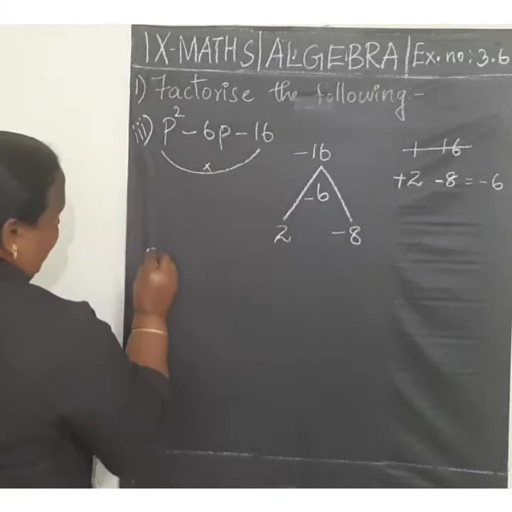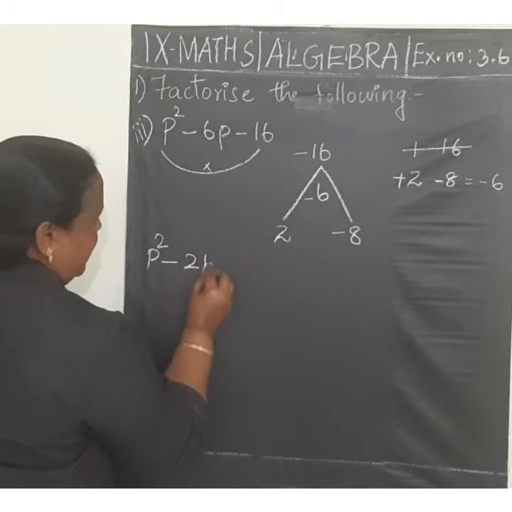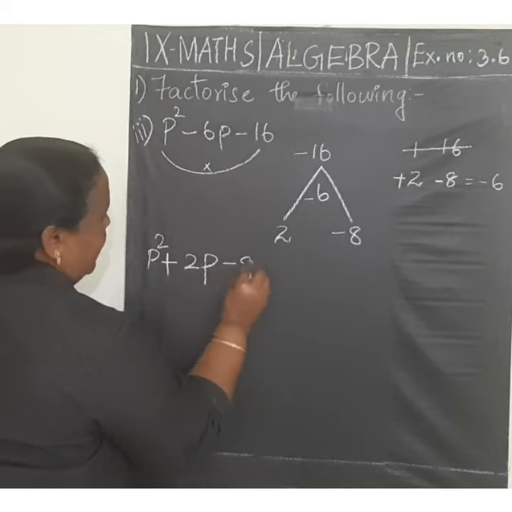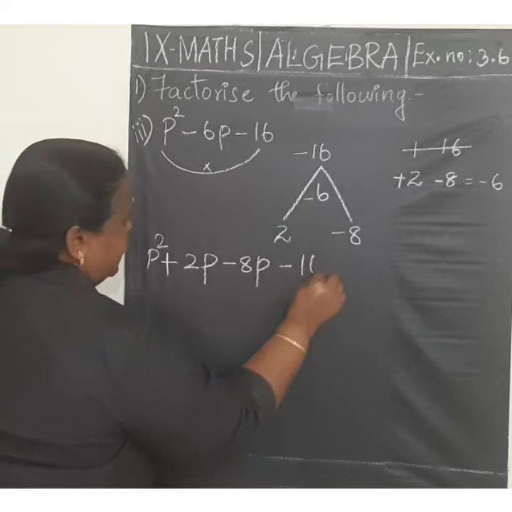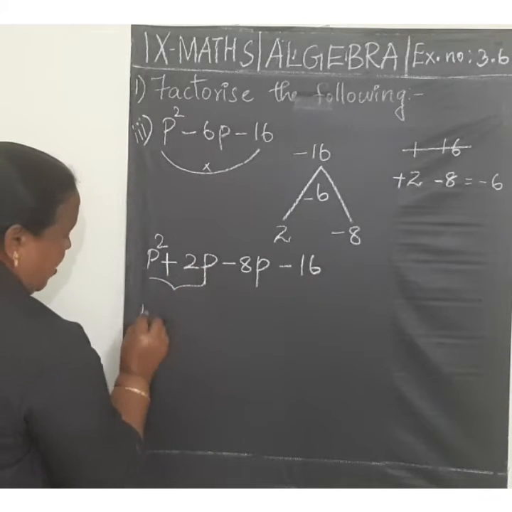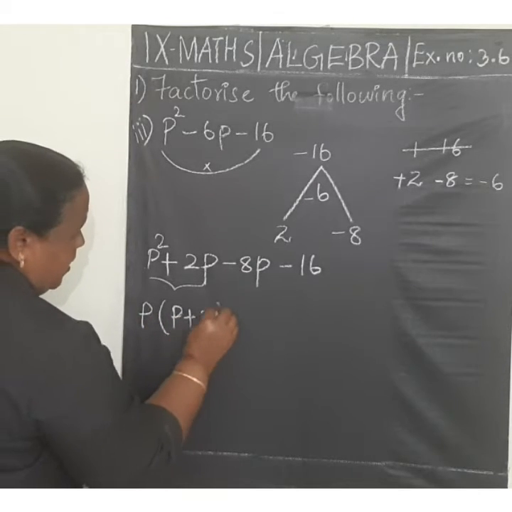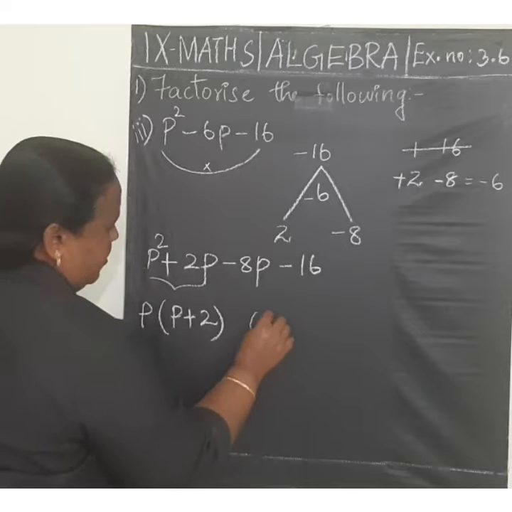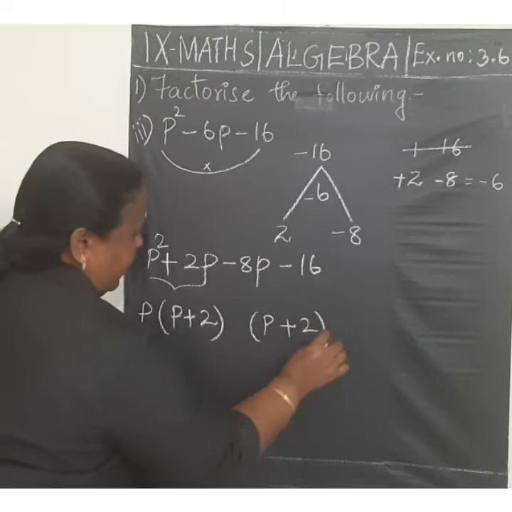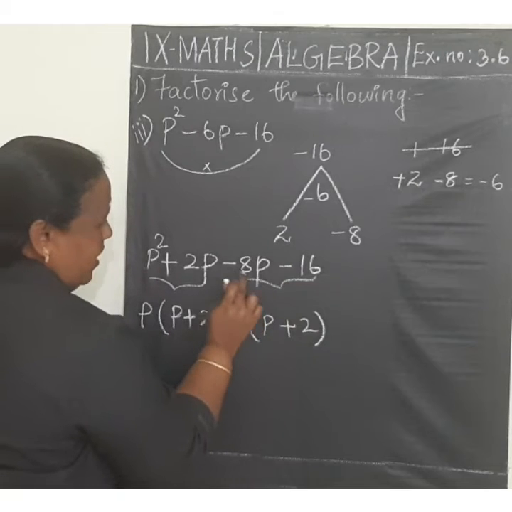Now p squared minus 6p, we can write it as plus 2p minus 8p minus 16. Now take these first two terms. In this one p is common, so we take p outside. Next the remaining term is p plus 2. Now here also p plus 2 first we have to write, but here the next two terms, first one is minus 8p.